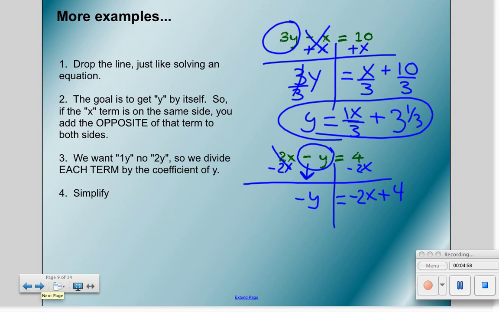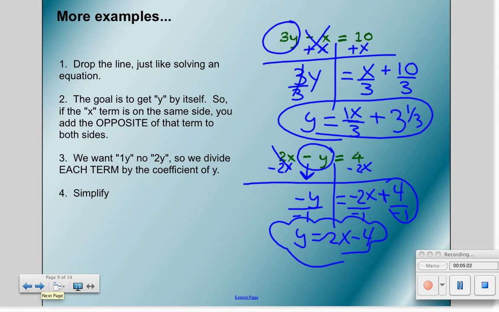And when I have a negative y, it's kind of like a negative 1. So basically I'm going to divide everything by negative 1. So I end up with positive y equals positive 2x minus 4. Since 4 divided by negative 1 is negative 4, I'm just going to write minus 4. And then there's that equation.